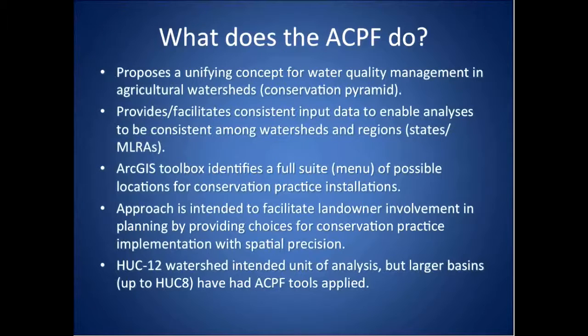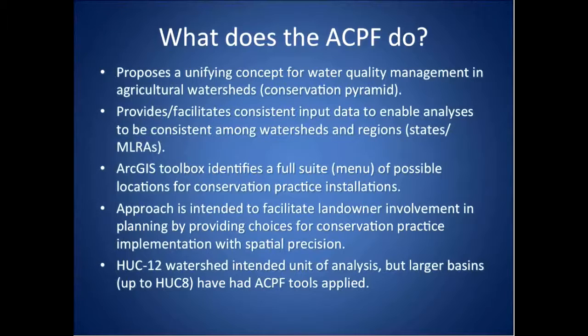We've got an ArcGIS toolbox. It looks at a range of conservation practices and identifies locations on the landscape, on a watershed basis, that are appropriate for those types of practices. And what we're trying to do with this is facilitate greater landowner involvement in the planning process, because we're providing a full range of options for conservation practice placements down to the farm and field scale.